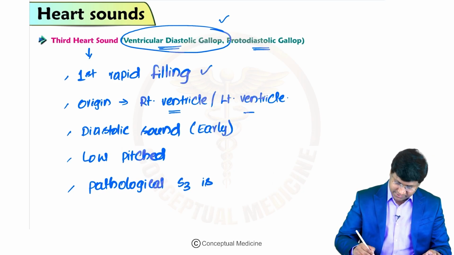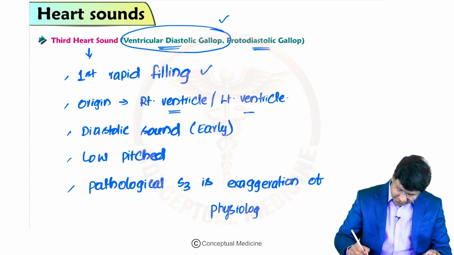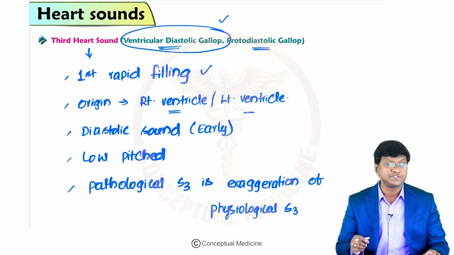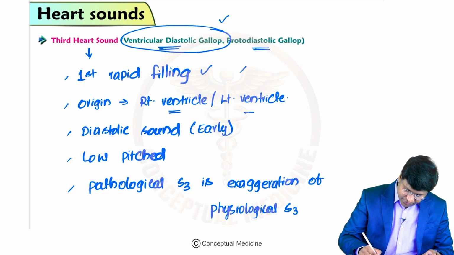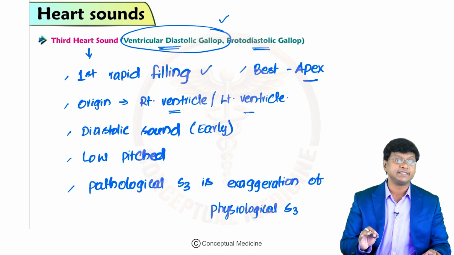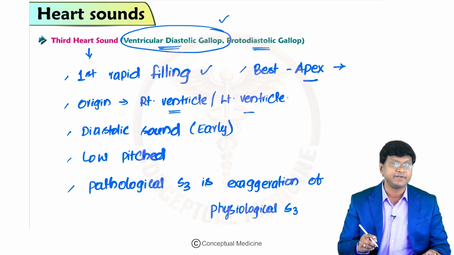Pathological S3 is an exaggeration of the physiological S3 with the same mechanism. And this third heart sound is best heard at the apex of the heart, in the left lateral position.